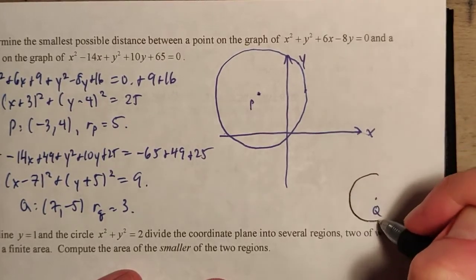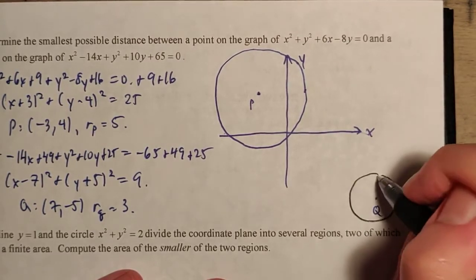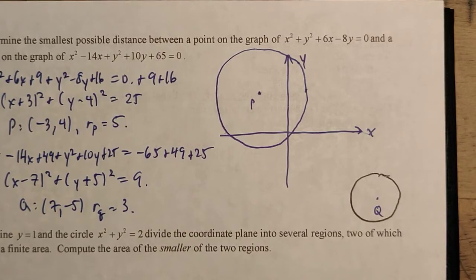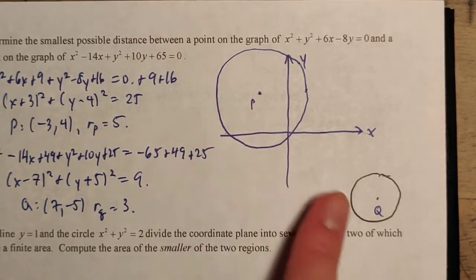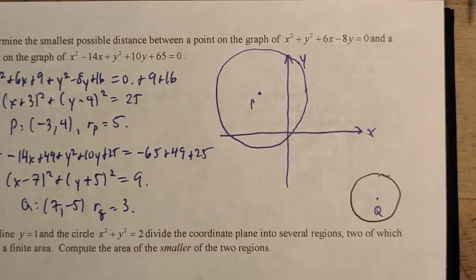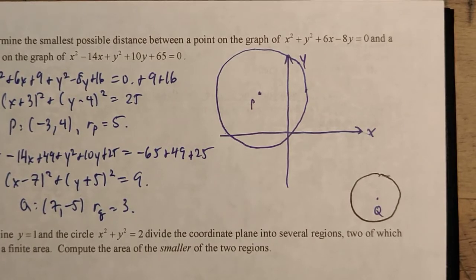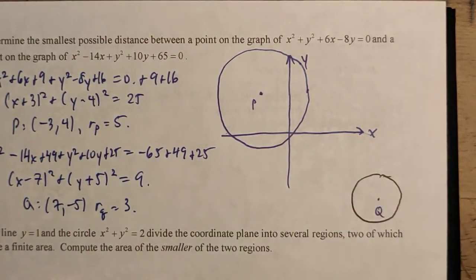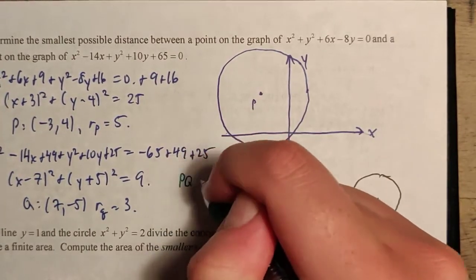Now, I think you can intuitively see that these circles are not going to intersect. To be sure about this, the first and most important thing is to make sure the circles don't intersect. One way is to calculate the length of PQ, which is just the distance formula.